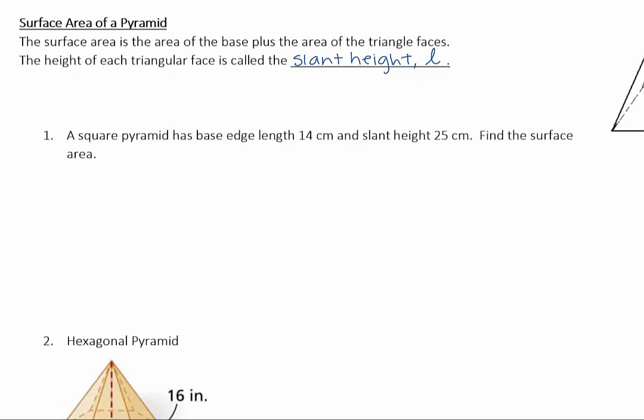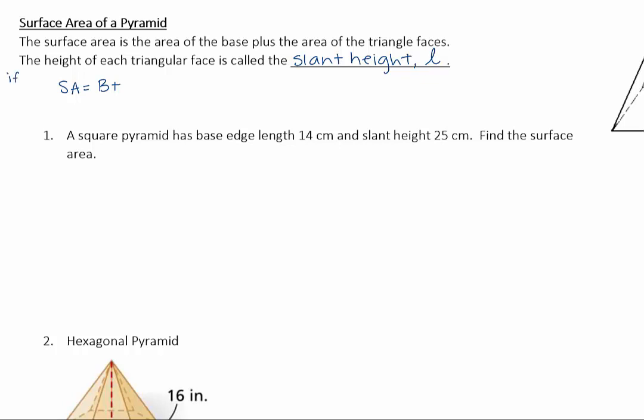We also have this here. We're going to call this S for our side length. When we talk about the surface area of a pyramid, I find it easier to think about it as one base plus however many faces we have, provided that we have a regular base.